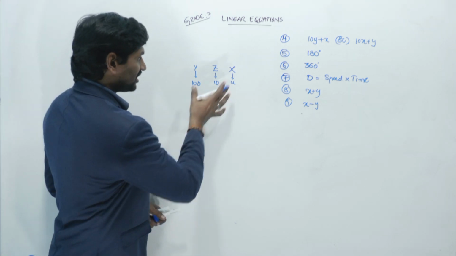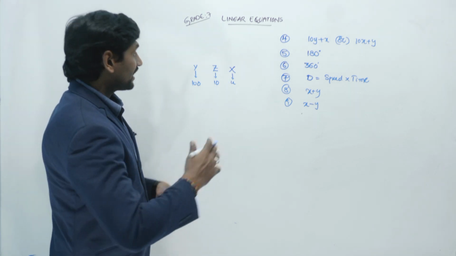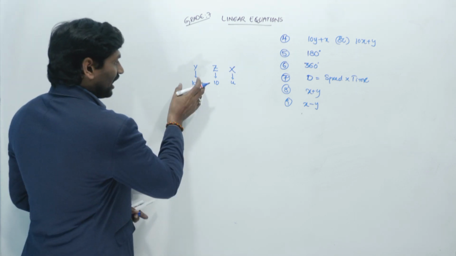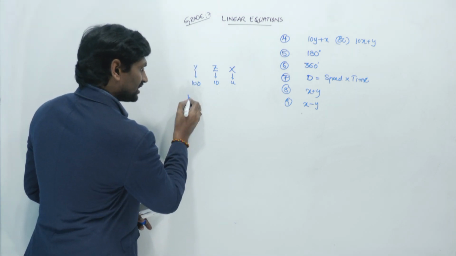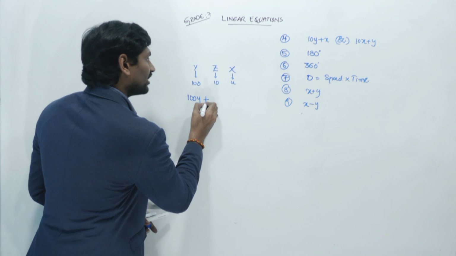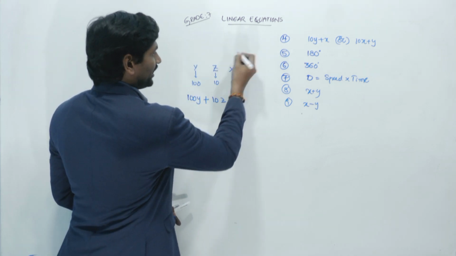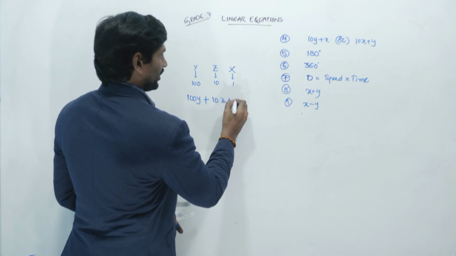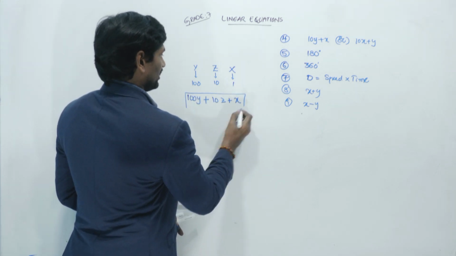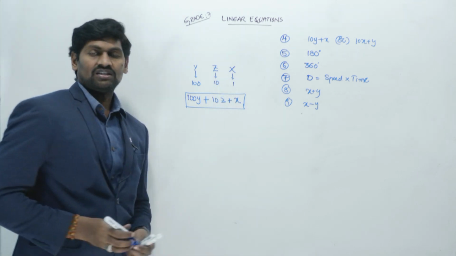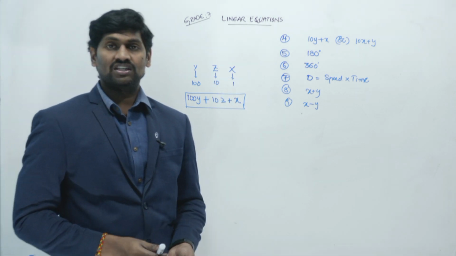From this we can write the general form of the 3-digit number as 100 into Y, plus 10 into Z, plus 1 into X. This is how the 3-digit number is represented using variables.